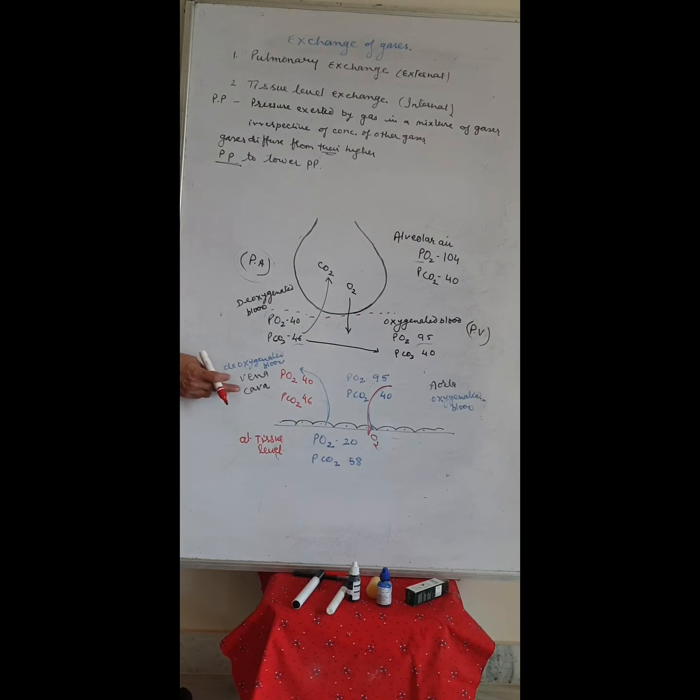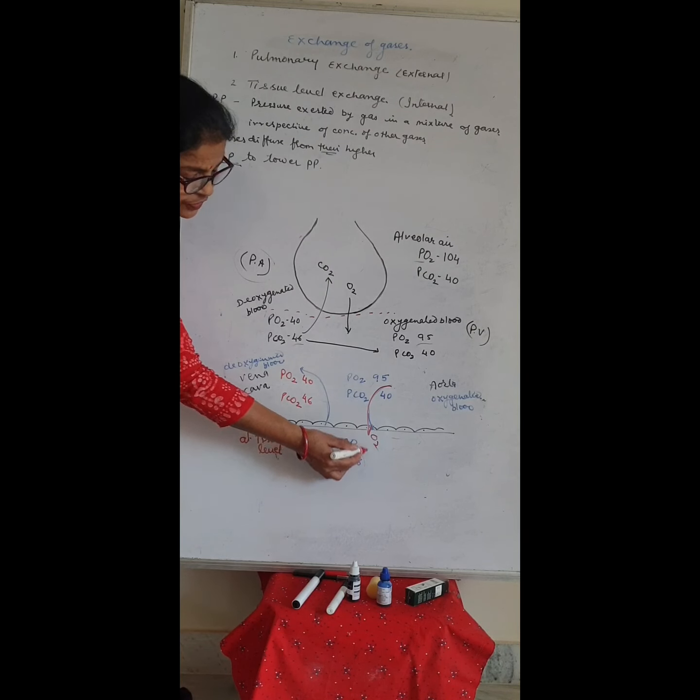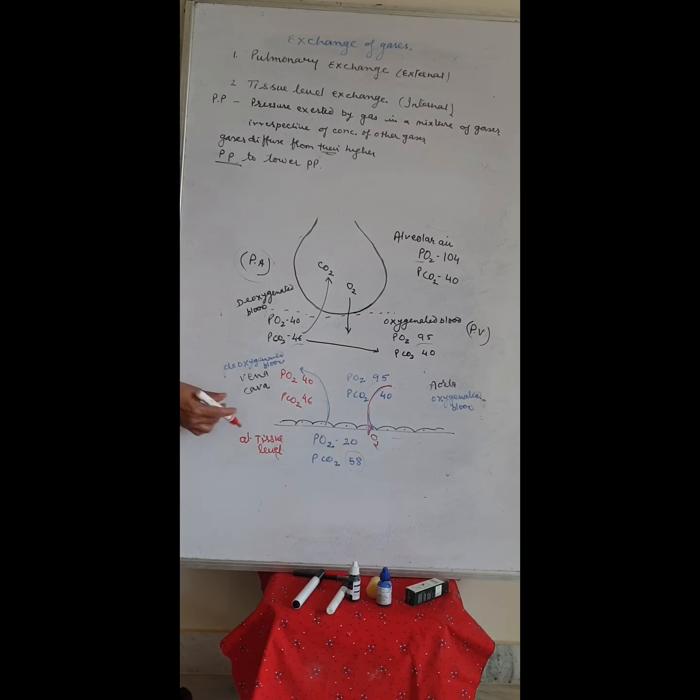The vena cava is the largest vein that carries the deoxygenated blood. It collects the CO2 from the tissues and carries it to the heart. This we are discussing at the tissue level. From more pressure to less pressure, CO2 diffuses.